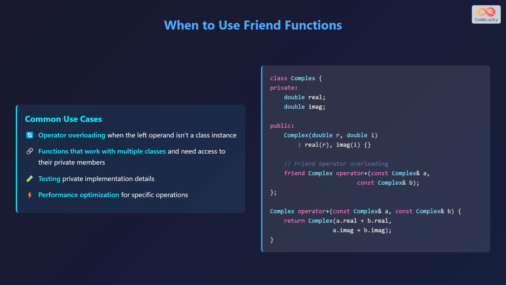Furthermore, they're sometimes used in testing to directly examine the internal state of a class for verification purposes. And lastly, friend functions can aid in performance optimization for certain operations by eliminating the overhead of calling getter and setter methods. As an example, the code on screen shows how the plus operator can be overloaded for a class Complex as a friend function.